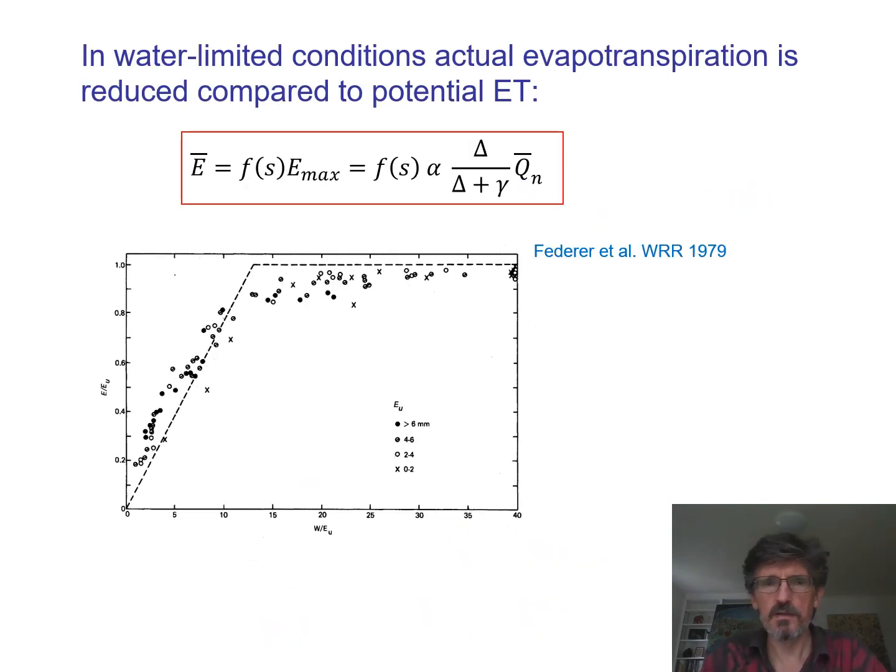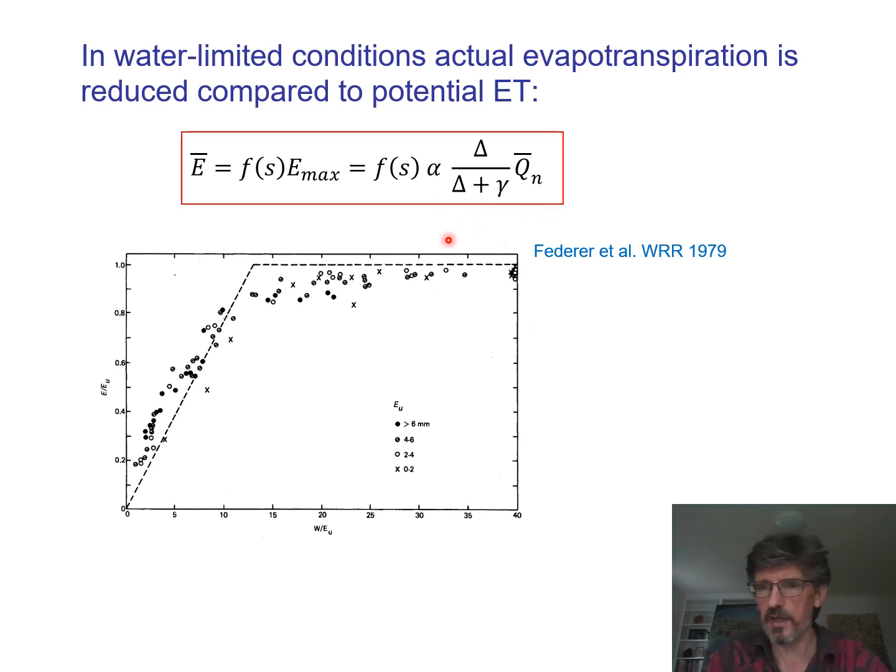In summary, when we deal with our daily timescale description of evapotranspiration, we will write the average daily rate of transpiration as a modulating function Fs of Emax, as we said, and if we want, we can relate it to radiation in this way.